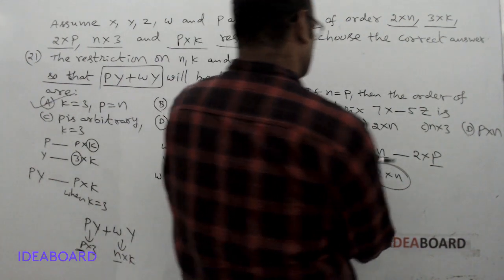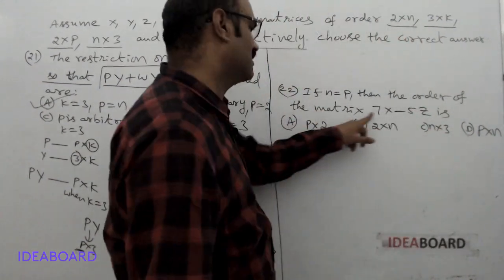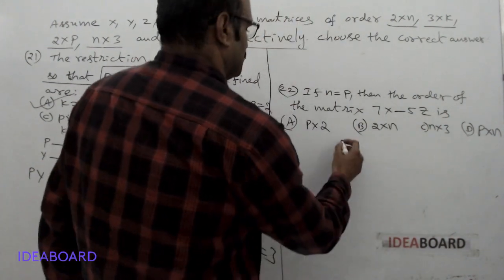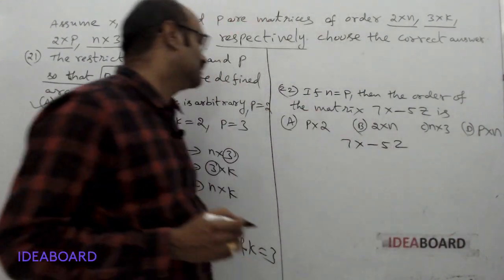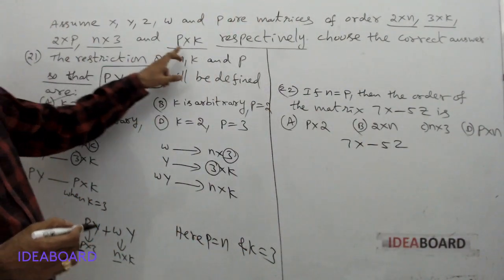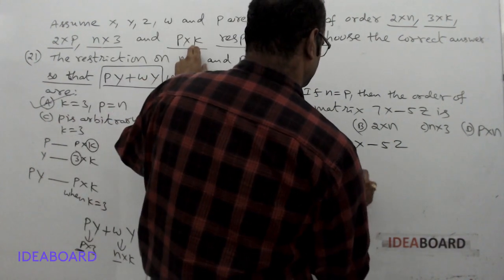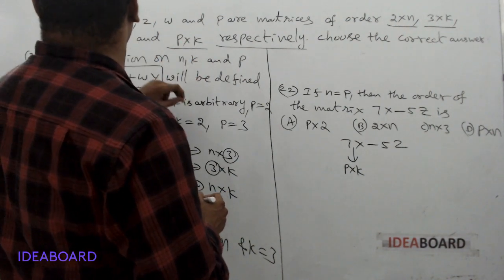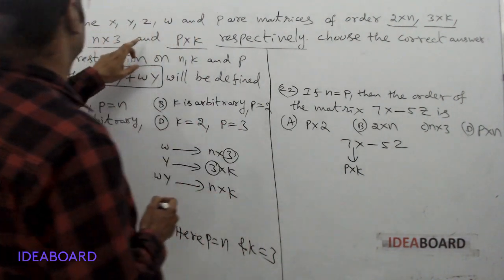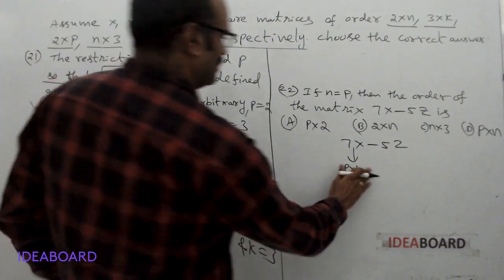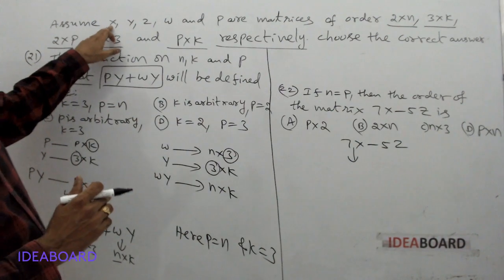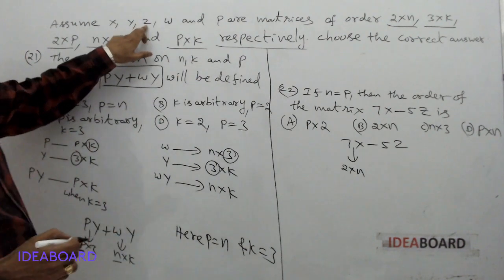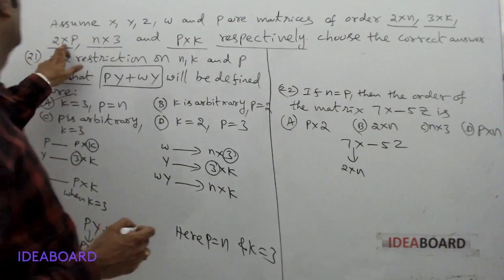Now, if n equals p, then the order of the matrix 7X minus 5Z is to be found. The order of the matrix X equals 2 by n, and the order of the matrix Z equals 2 by p.